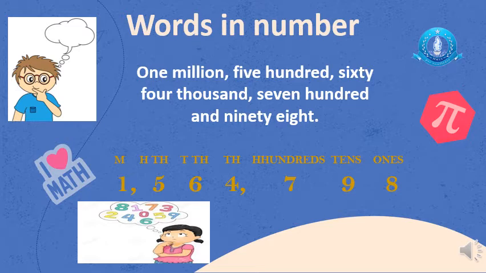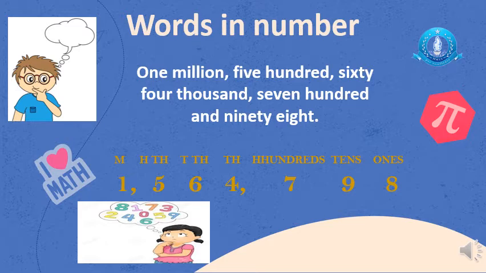Now under million what will come? How many million? 1. Then 500,000: 5 will come under 100,000. 64,000: so 6 will come under 10,000 and 4 will come under 1,000. 700: 7 will come under 100.